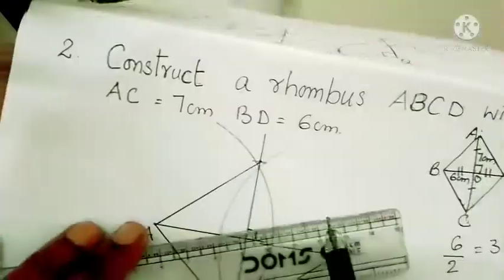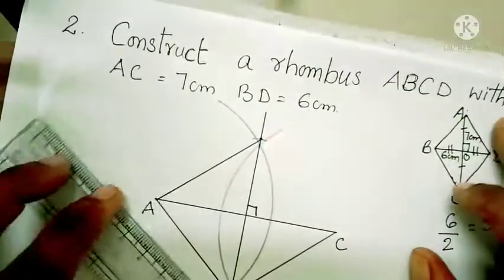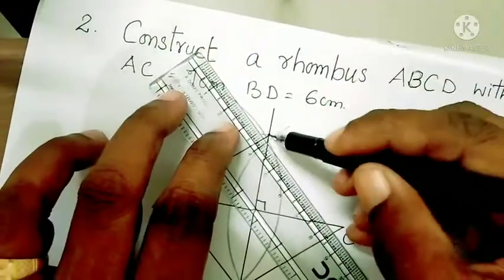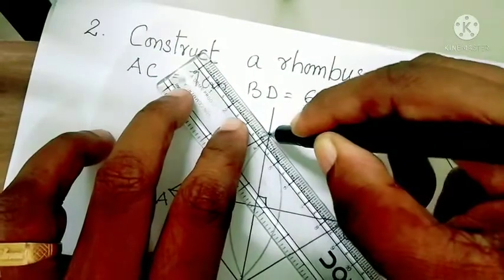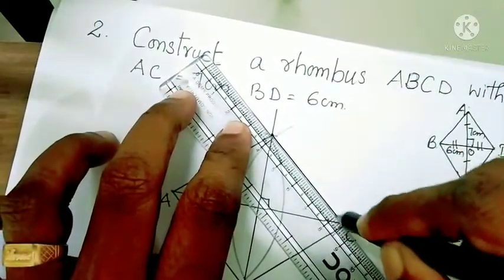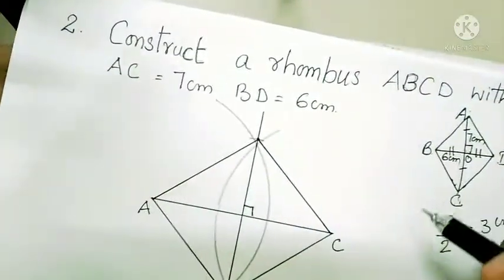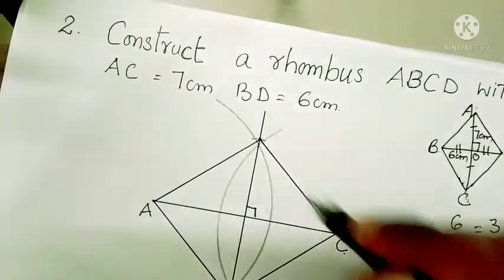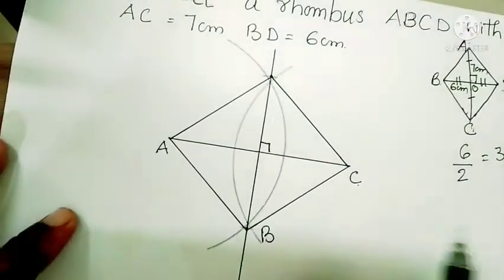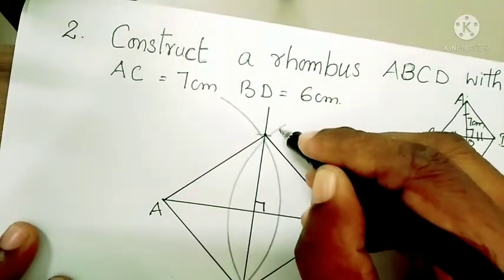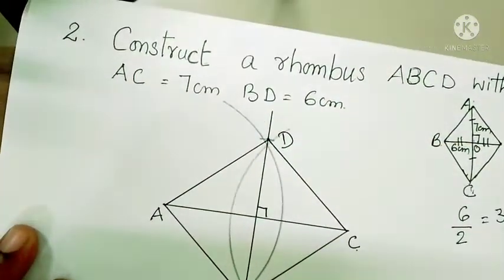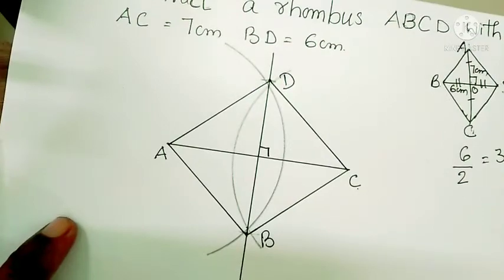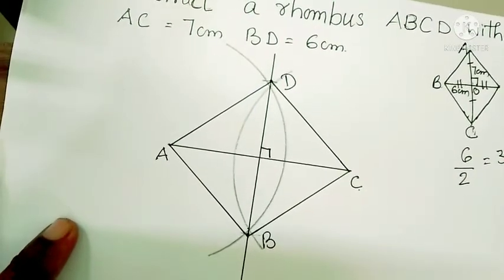Okay, so we got some parts, and then here also to join. Okay, sorry. Now this point to join to C. Now what is the name? This is A, so this is B, and this point is D. So we got a rhombus ABCD.